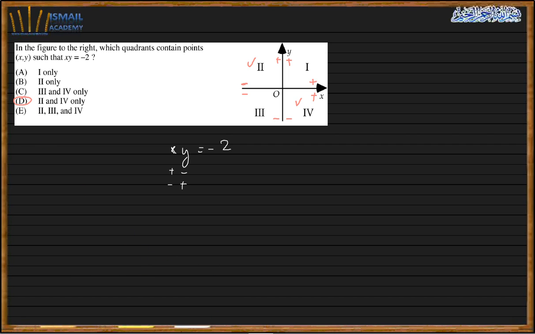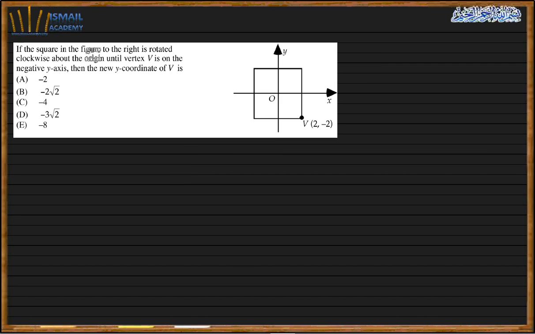Next question. If the square in the figure to the right is rotated clockwise about the origin until vertex V is on the negative y-axis, then what is the new y-coordinate of V? I need to know how far the point is from the center.